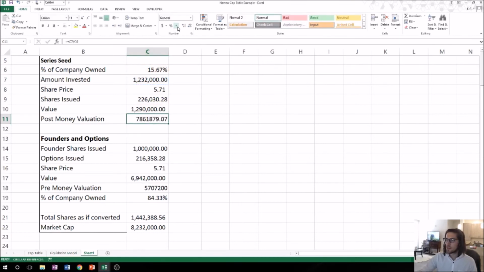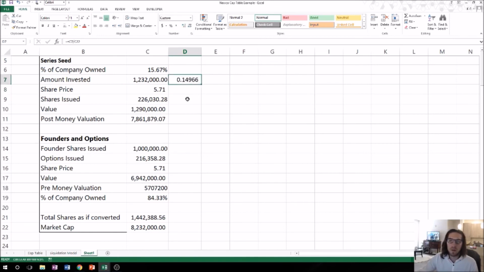So here's where it tells you a little bit more information than what you get from the previous page. If you just invested the 1.232 million into the post-money valuation that we have on the cap table of 8.232 million, you get 14.97%.